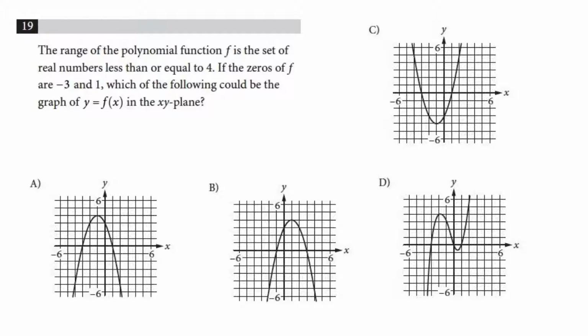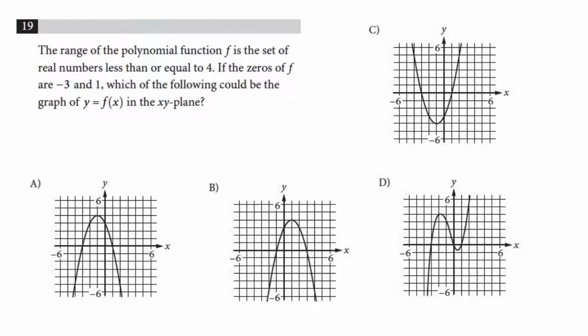19. The range of the polynomial function f is the set of real numbers less than or equal to 4 if the zeros of f are -3 and 1. Which of the following could be the graph of y equals f of x? Okay, so we have 2 zeros.